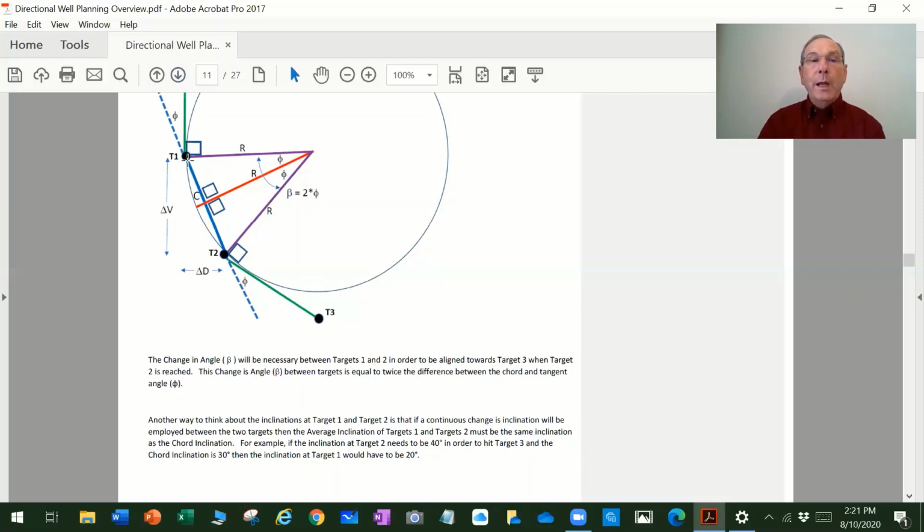So 20 degrees plus 40 degrees is 60, divided by 2, which is the average, is 30 degrees, which gives us the inclination of the chord. So either way you think about this or draw this diagram, you can come up with the tangent angles on each end of a chord when you have the situation where you've got to either increase angle, like this one shows, or decrease angle to hit another target in your well planning.